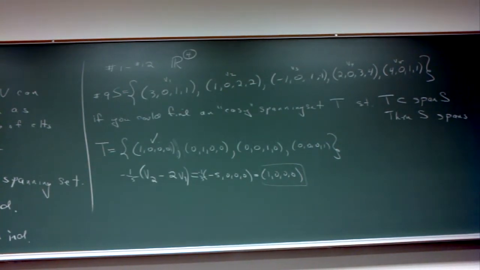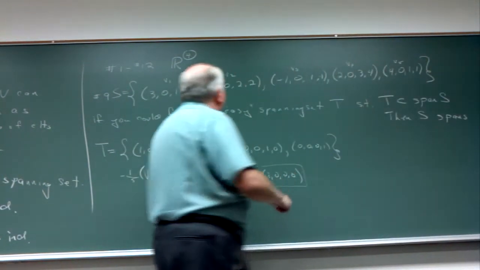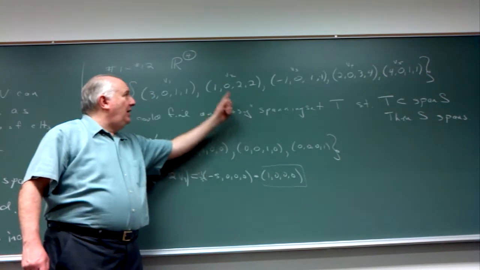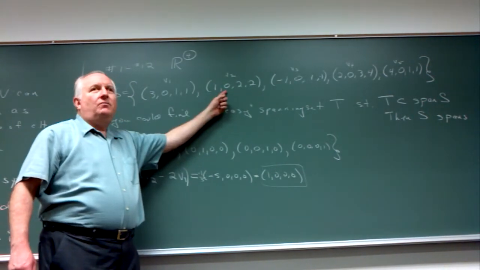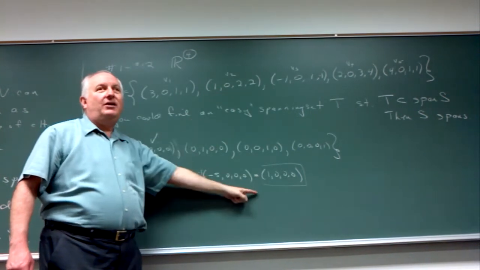Now, here's why that might be useful. Since this is in the span of S, and this is in the span of S, I can kill off the 1 here, right? Because I could just take this and subtract that.